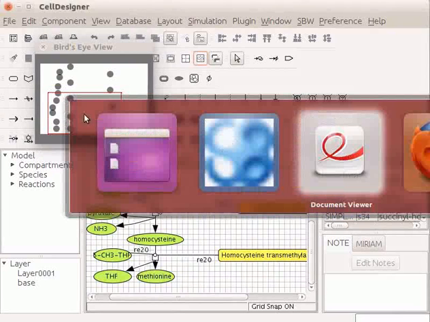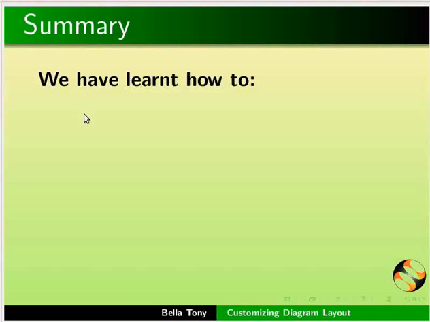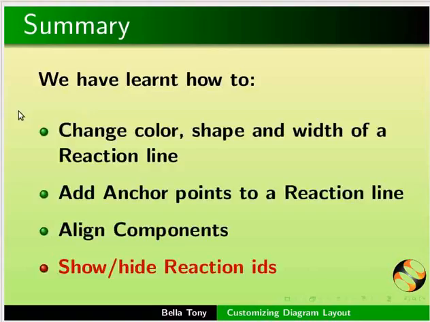Let us summarize. In this tutorial, we have learned how to change color, shape and width of a reaction line, add anchor points to a reaction line, align components, and show or hide reaction IDs.